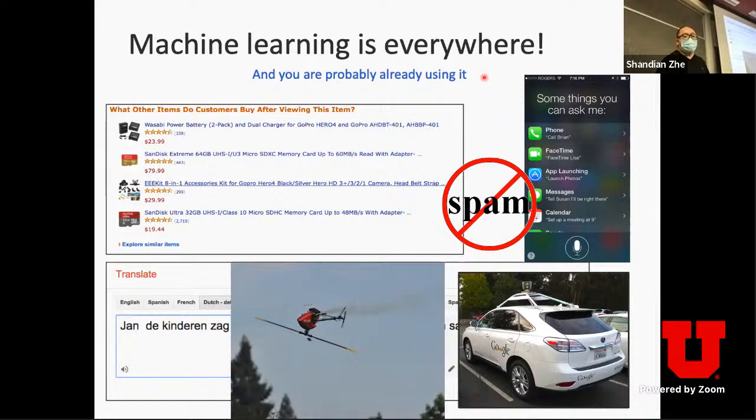So that's why those online advertising systems and recommendation systems have recruited the most brilliant people, like at Facebook and Google. And there are also automatic translation, spam filtering, and autonomous driving.